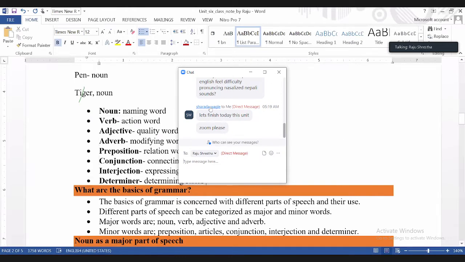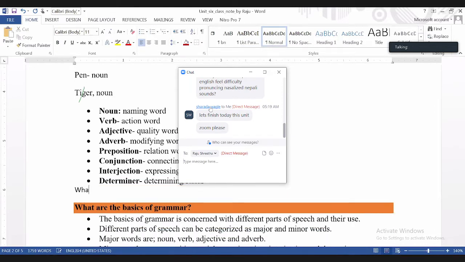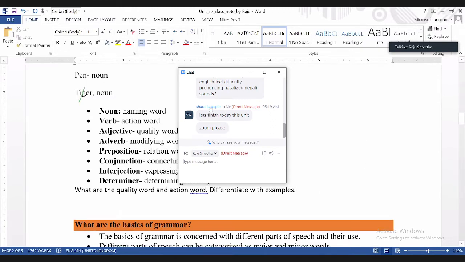What are action words and quality words, differentiate, 5 नम्बर क्वेशन. So this kind of question अलिअलि कन्फ्युज बनाउन खोज्छ हैन.